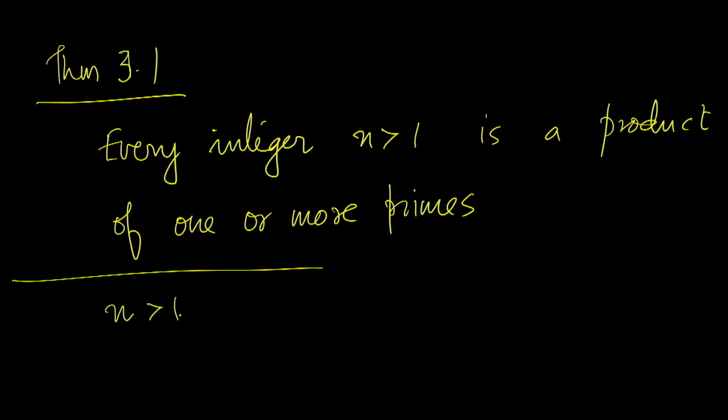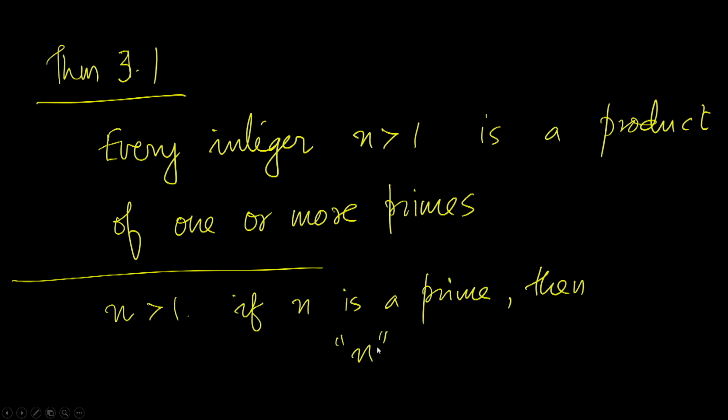Consider the number n greater than 1. If n is a prime, then n alone forms the product that we look for. The theorem states that n can be written as a product of one or more primes. So, in this case n is a prime, so n is a product on its own.